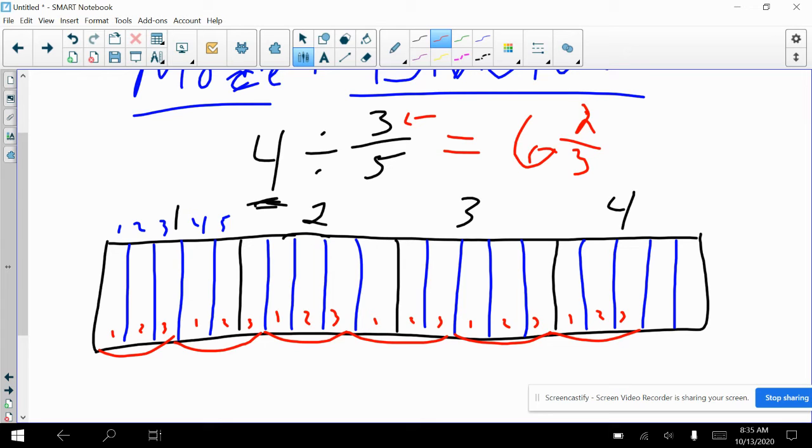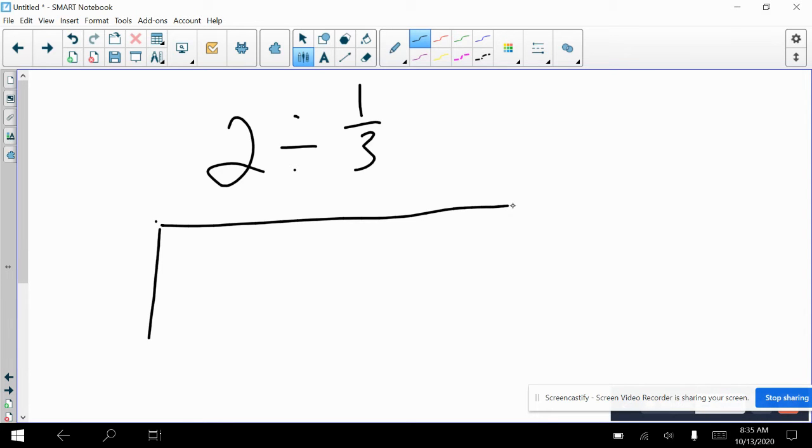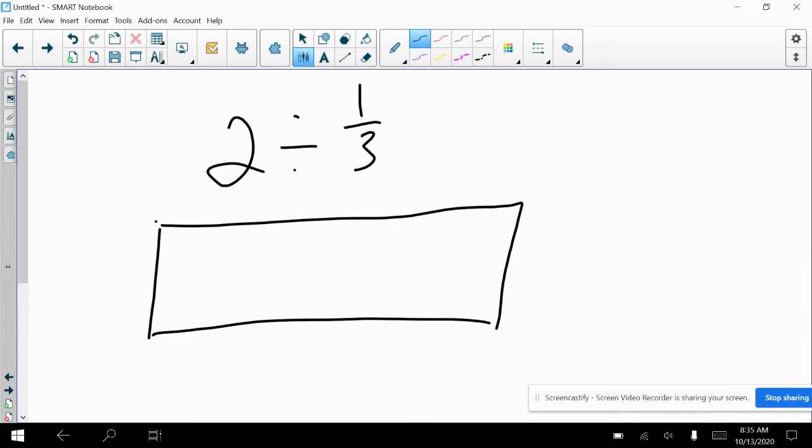I do another one? One more? We'll do maybe a little bit of an easier one. 2 divided by 1/3. Okay, we have our fraction strip. How many pieces are we going to break that up into? Break that up into 2. How many pieces are going to be in each box? How many? 3.